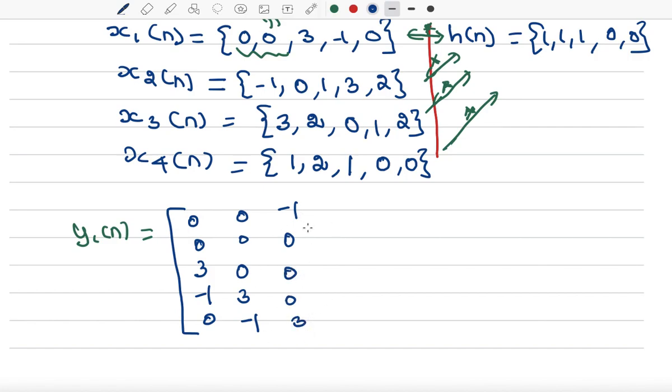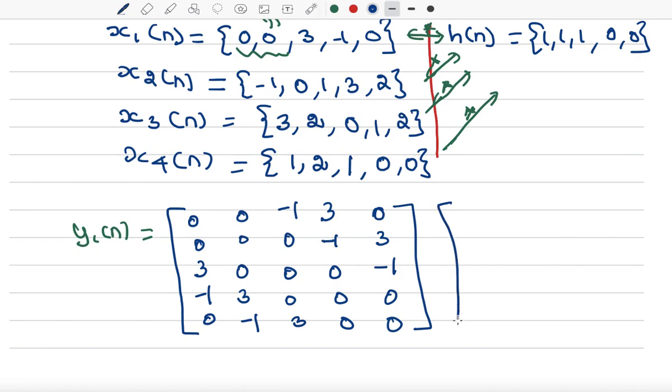Again shifting once, 3 minus 1 0 0 0. Again shifting once, 0 3 minus 1 0 0. Convolved with h of n, that is 1 1 1 0 0. Okay, now perform matrix multiplication and find the value of y1 of n.